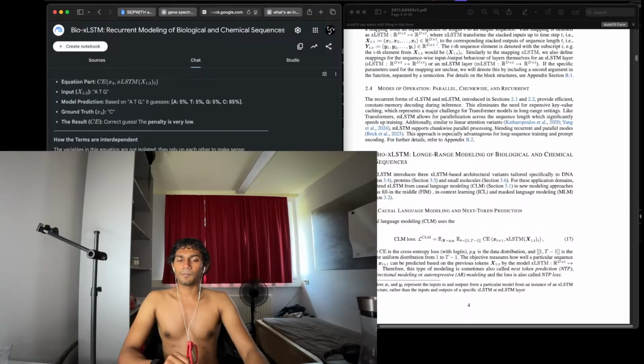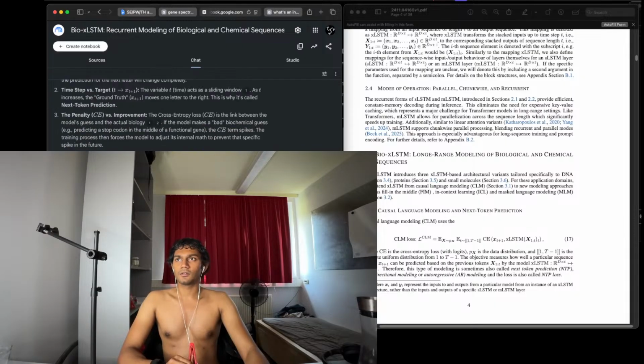Okay. Final aggregation, expected value symbol, means that the computer takes all the individual penalties from step 1, 2, and 3, and calculates one average score. Okay.